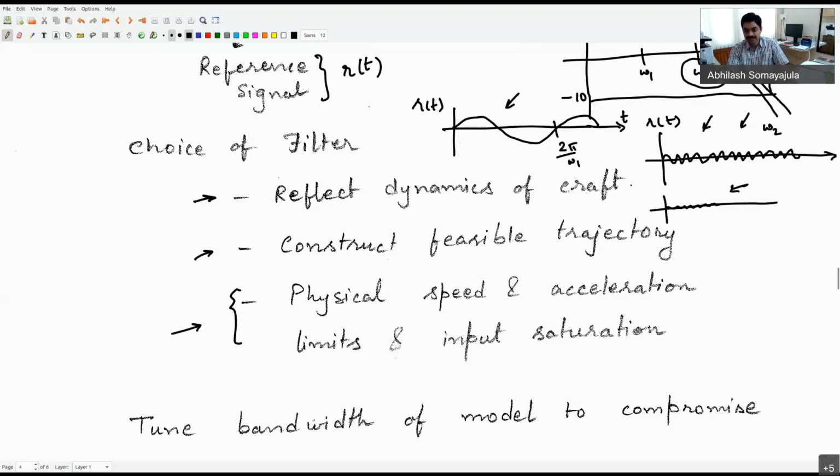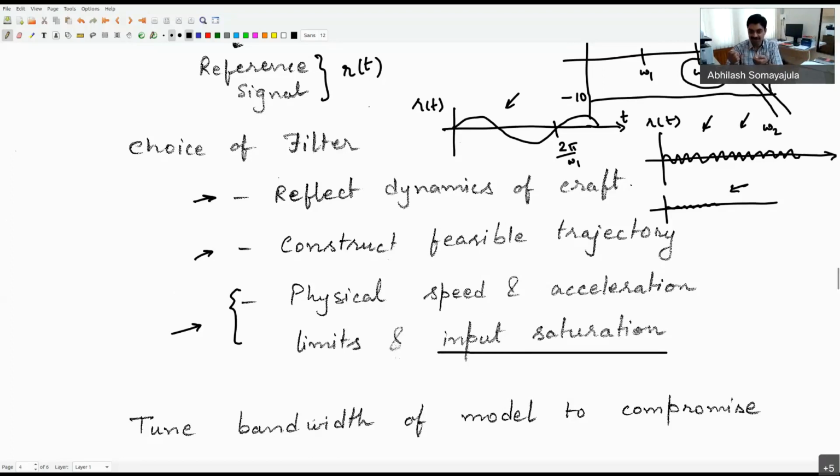So such limits on what is the maximum acceleration which is physically possible from your thrusters, and what are the maximum velocities which are possible from your application of the thrusters. Similarly, what is the input saturation? Sometimes I may want to give a very high input. You might have observed this on joysticks too.